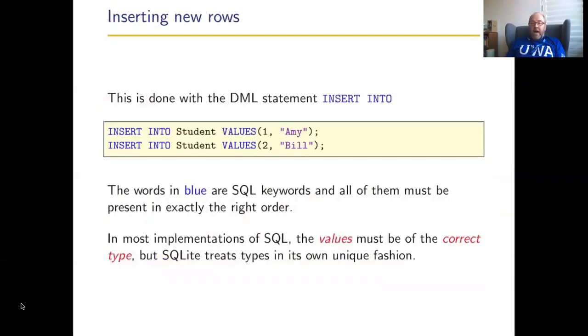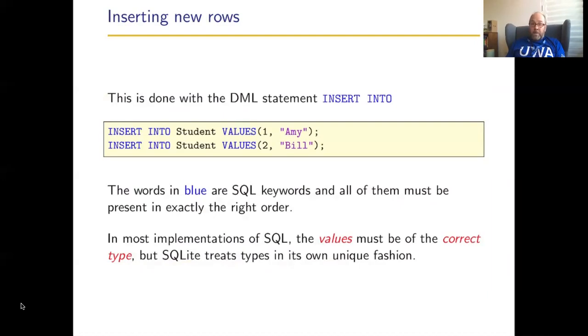Okay, now I want to insert some values. Now this is not a DDL statement. This is a data manipulation language statement, but I can't illustrate more without actually getting some data into the table. So the command to put a row into a table in SQL is insert into, then the name of the table, then the word values, and the actual values.